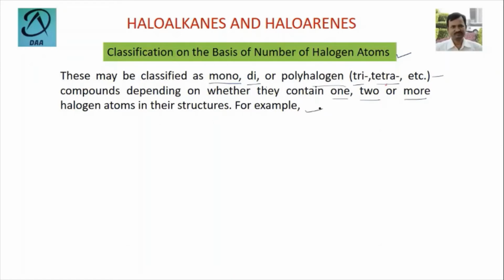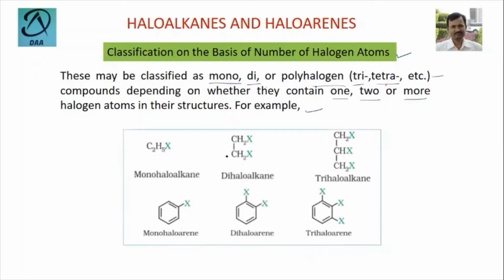It is written there. You can find it. So now, an example. In the first case, whatever we already discussed, C2H5X, where X is the halogen atom, is called a monohaloalkane, because it comes from the alkane. In this case it is ethane, so it is usually called monohaloethane, and in general terms monohaloalkane.